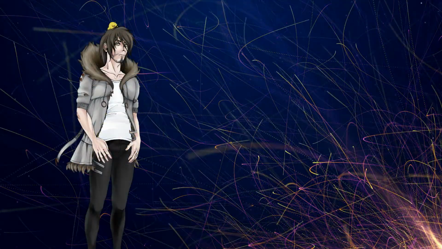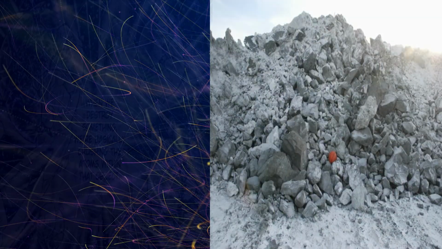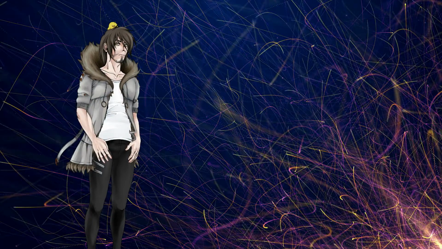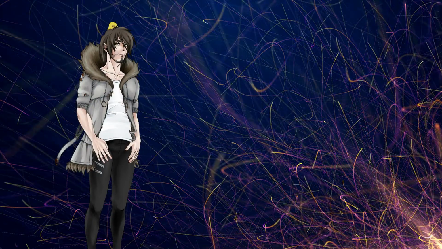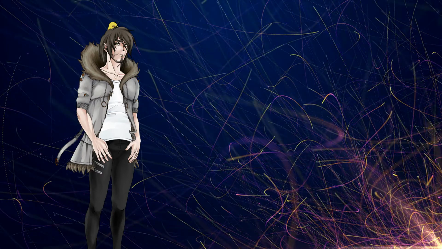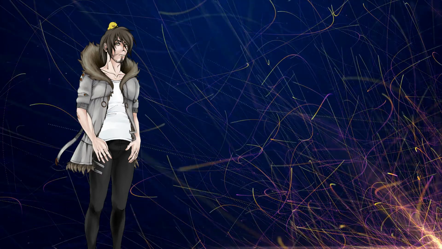So I think the average person can generally understand that fragmenting isn't as powerful as atomization, and they tend to be able to understand that atomization is far above simply fragmentation, right?